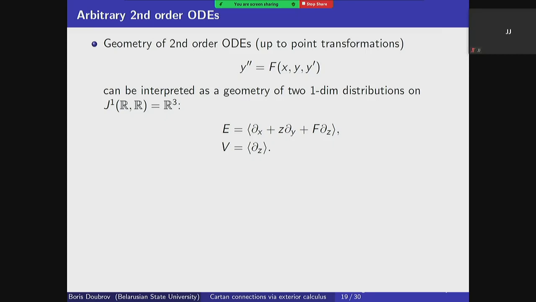Now we need to find a model, and of course I have a model on the next line of my slide, but there is an easy trick for how one can find a model. Whenever we consider a class of geometric objects, we can guess what would be the most symmetric one. Sometimes it's not obvious at all, but in this case I guess we all understand that the most symmetric equation would be the trivial one, because we don't have a restriction on the right-hand side, so it would be the equation y'' equals 0.